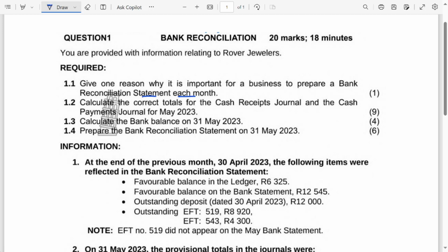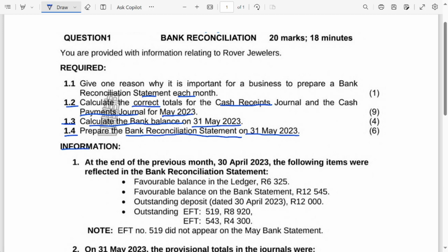So 1.2, calculate the correct totals for the CRJ and the CPJ for May 2023. Then 1.3, calculate the bank balance on 31 May 2023. 1.4, prepare the bank reconciliation statement on 31 May 2023.